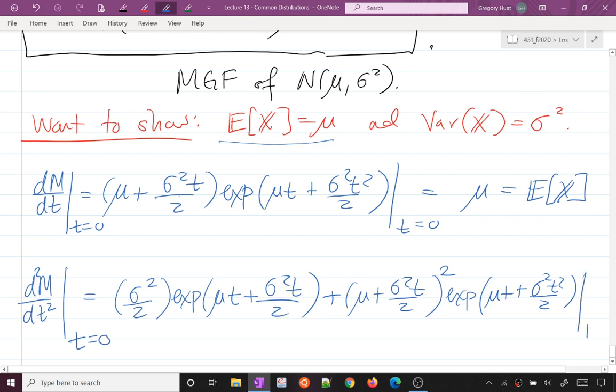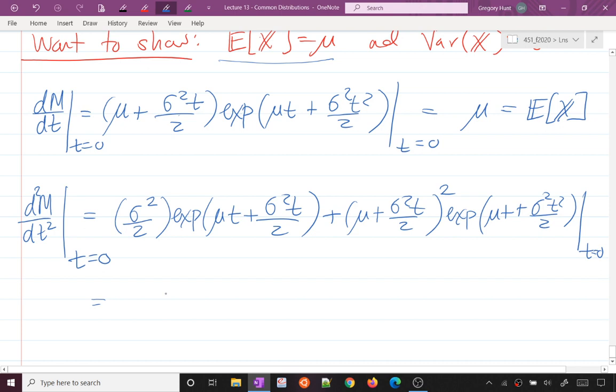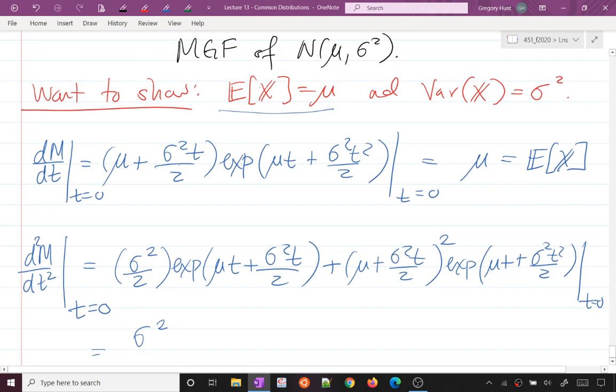Evaluate this at t equal to 0. What goes away? Oh, this derivative is wrong, right? This should just be sigma squared t.